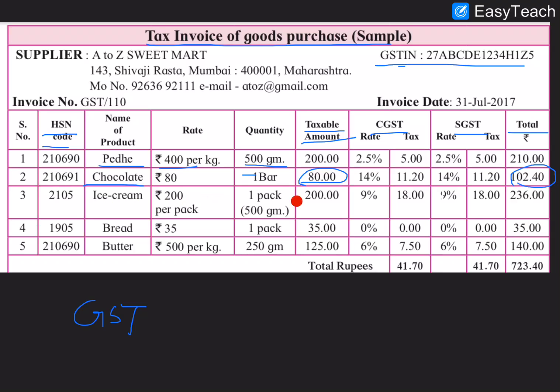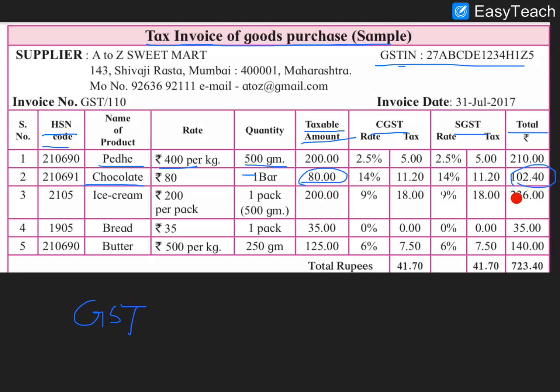But in the case of ice cream, its amount is 200, and we pay 9% tax as CGST and another 9% as SGST. So 9 plus 9, 18% of this 200 we pay as GST. You can see the actual amount is 200. When the two GSTs are applied, we pay 236 rupees for this ice cream pack.